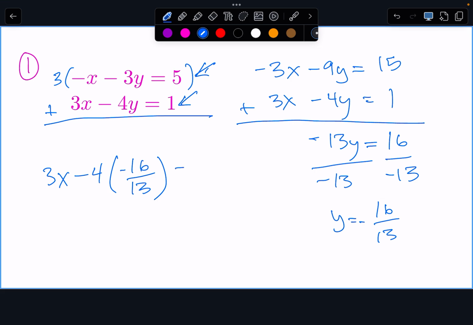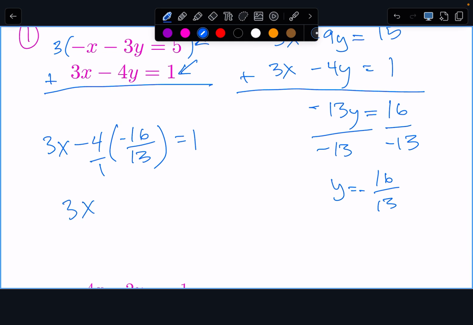This is copied right from the CBE practice. 4 times 16 is 64, is that right? 6 times 4 is... I think it's 64. So 3x plus 64 over 13.